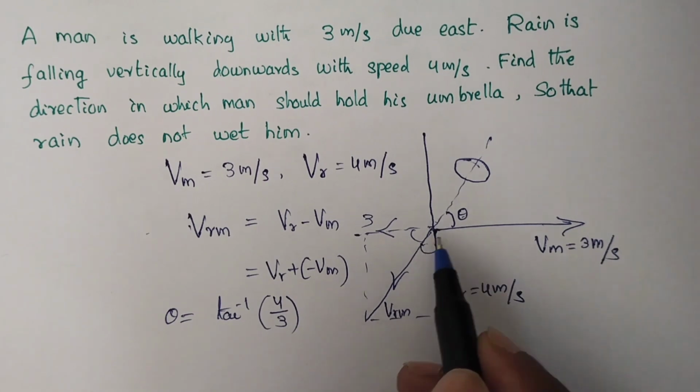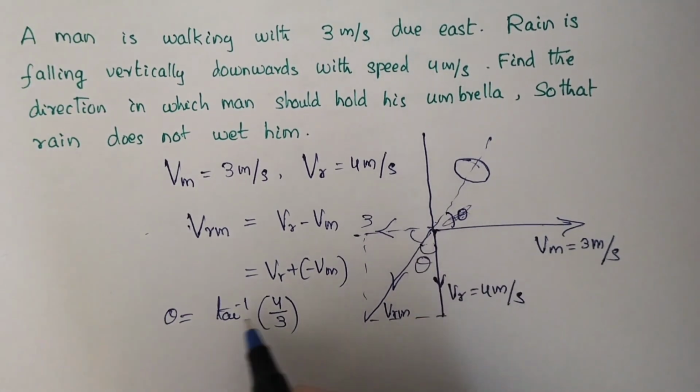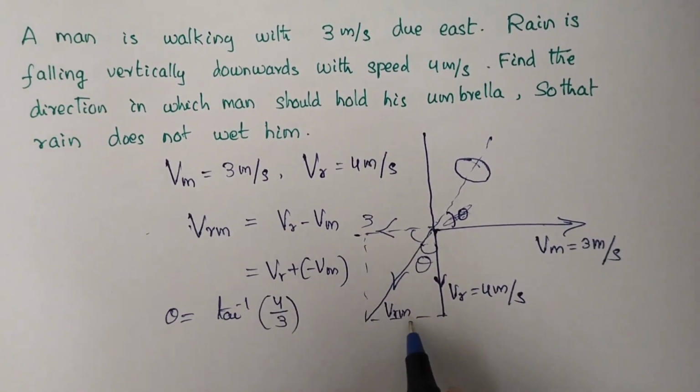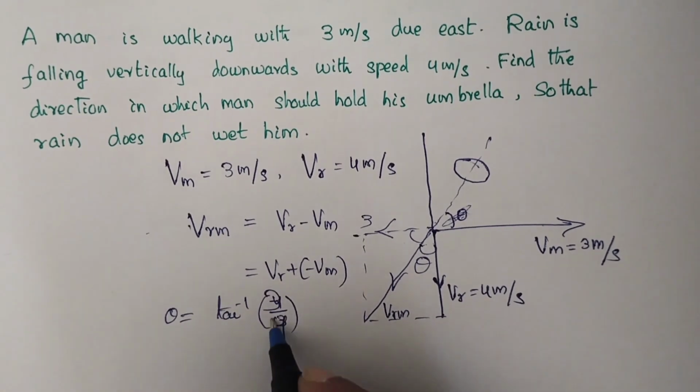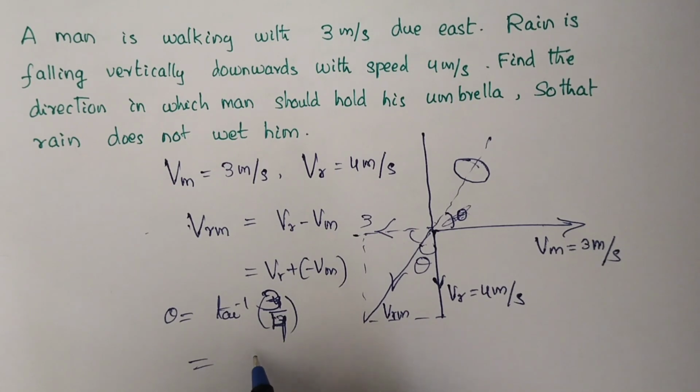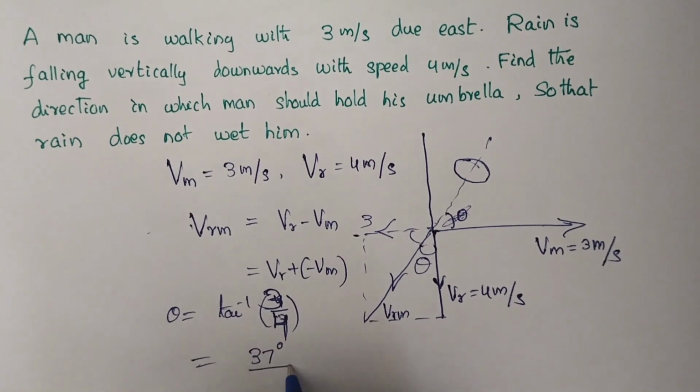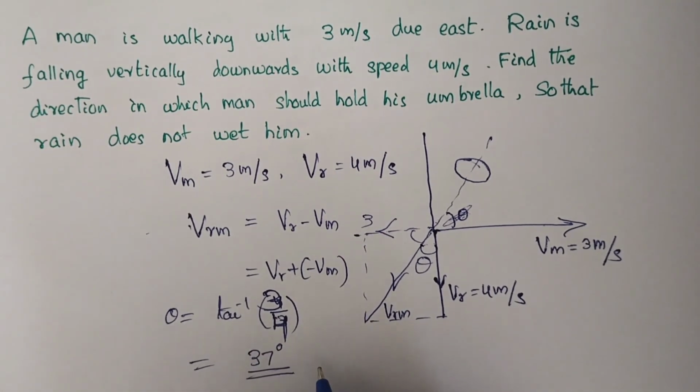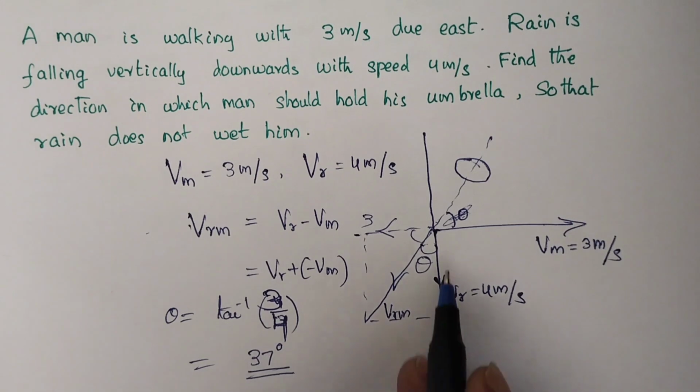Let us find this angle theta. Theta is equal to tan inverse of 3 by 4. That means the angle is 37 degrees. So the man should hold his umbrella at an angle of 37 degrees east of vertical.